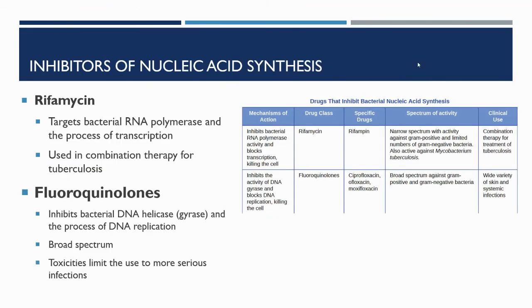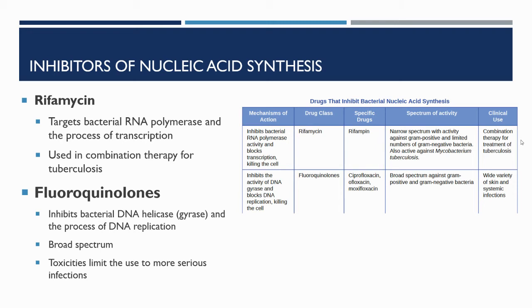Nucleic acid synthesis. So here, when we're looking at nucleic acid synthesis, primarily we're targeting the enzymes that carry these processes out. We're not targeting the DNA specifically, because our DNA and bacterial DNA are made of the same stuff.